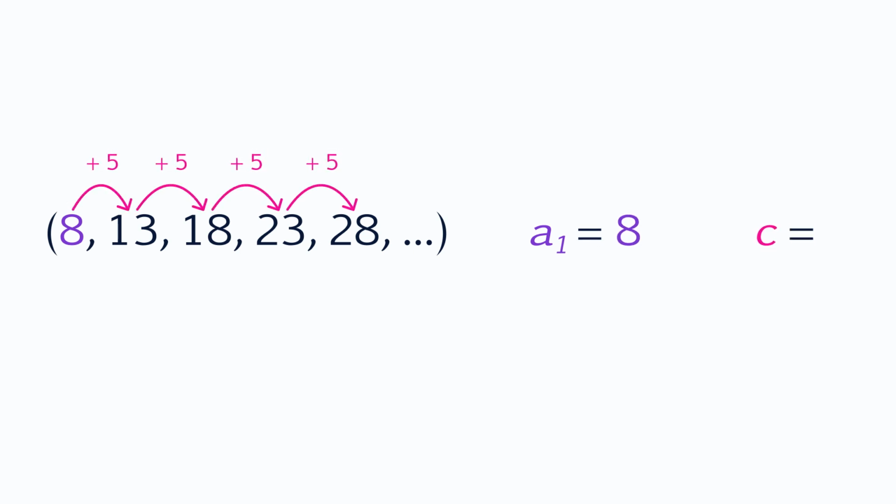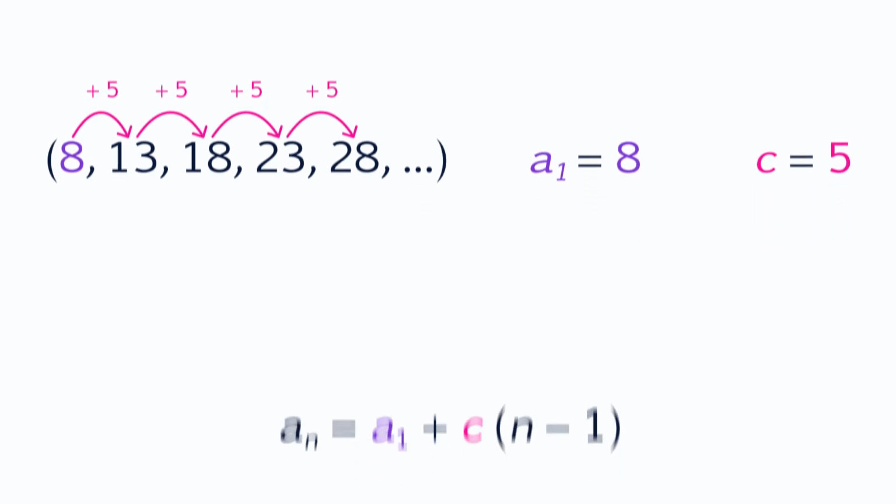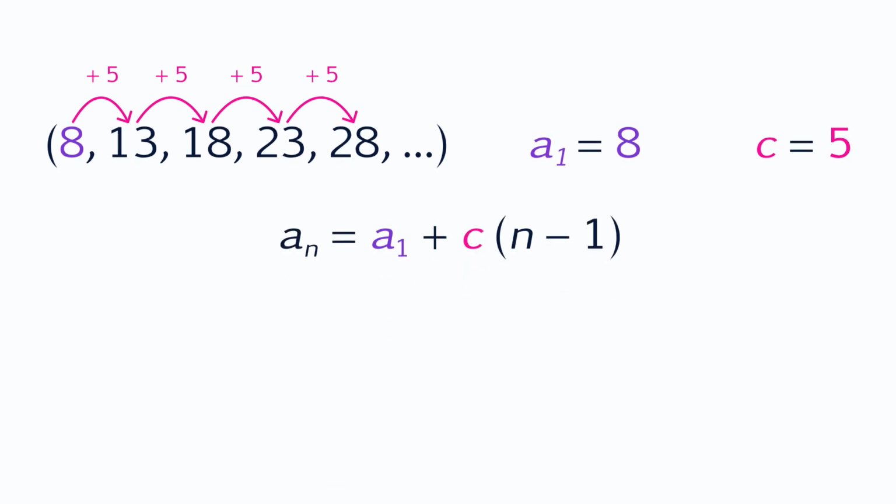Consider the sequence 8, 13, 18, 23, 28, and so on. Notice that the first element, a1, is 8, and the common difference, c, is 5. So, using the formula for an arithmetic sequence and plugging in these values, you find the formula for this example is an equals 8 plus 5 times n minus 1.